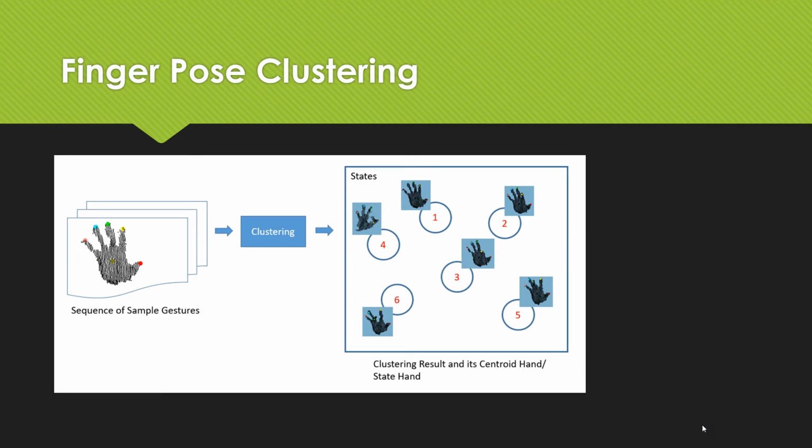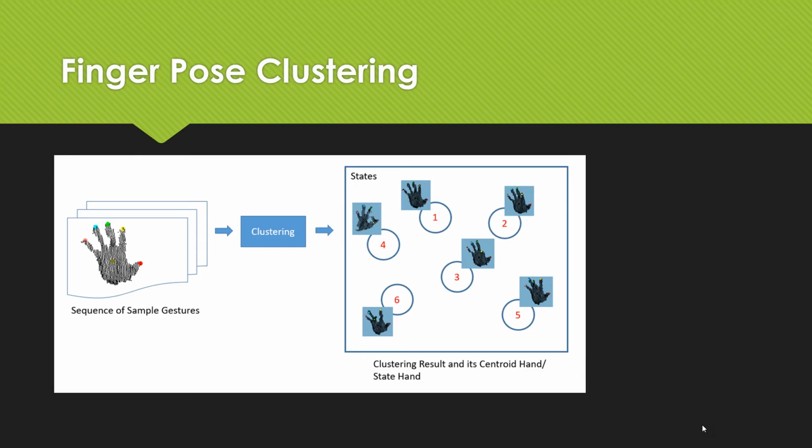So here we have a sequence of the sample cases for one set of action. We do the clustering from the previous slide. Then we got a bunch of states, whose number is lower than the sample sequence. So for example, we have a 300 sample sequence, and we may have a very limited action.